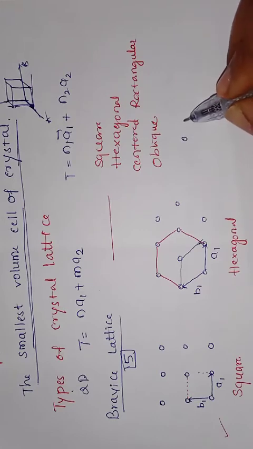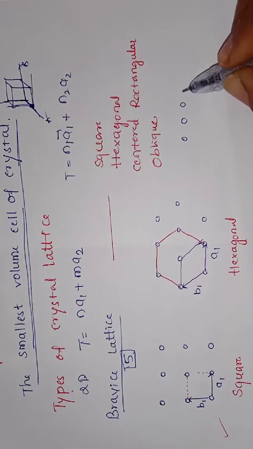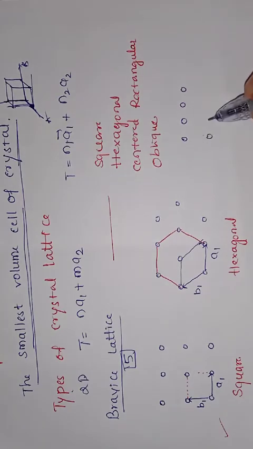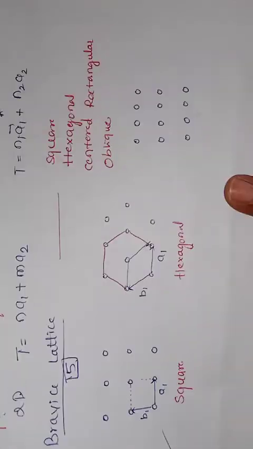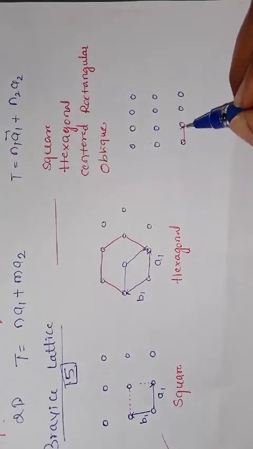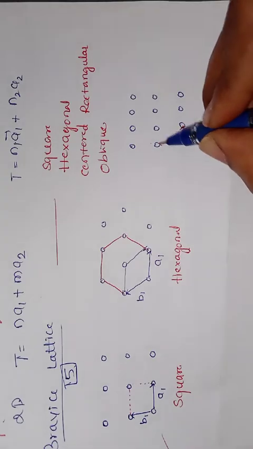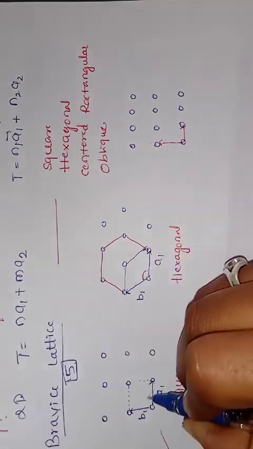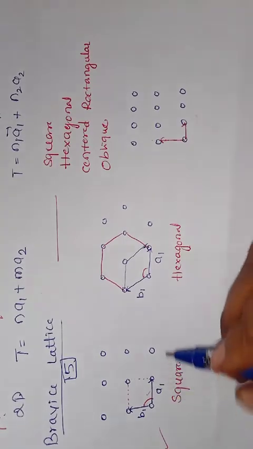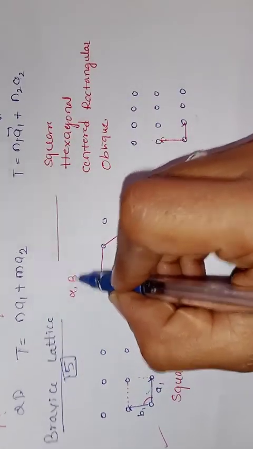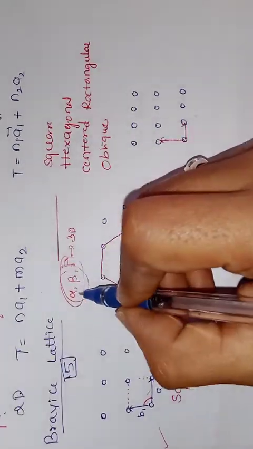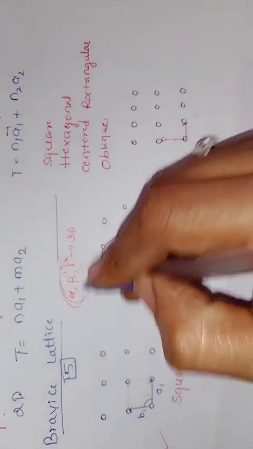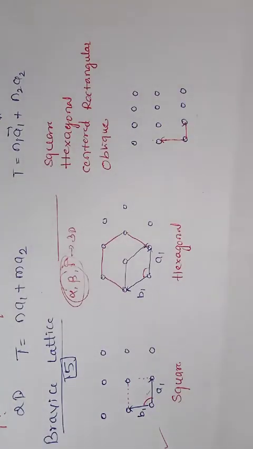Then one more is the centered rectangular lattice. We can draw it like this. This is A and this is B. The angles we learnt as alpha, beta, gamma are in three dimensions; in two dimensions we can take only alpha and beta.